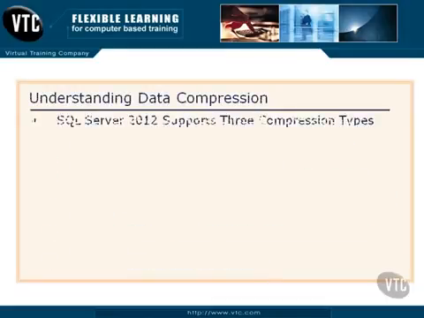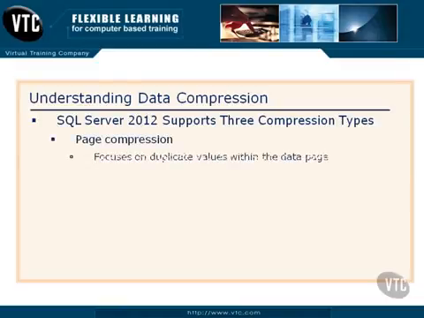and then the data pretty much remains unchanged. Now, just for your information and to help you get through any detailed questions on the exam, you need to be aware that SQL Server 2012 supports three compression types. There's page compression, where it looks for duplicate values within the data page. Think of that as duplicate values in your table, and you'll have this in a data warehouse because we're not so concerned about duplicate data as we are about denormalized data that we can query much more efficiently.